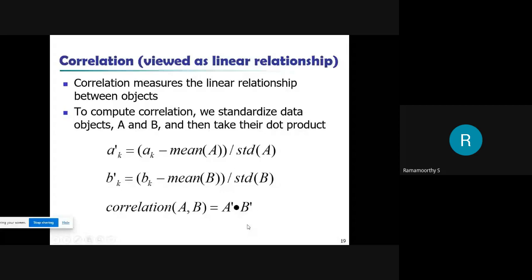The correlation of A comma B is the dot product of A dash and B dash. So the correlation measures the linear relationship between the objects.